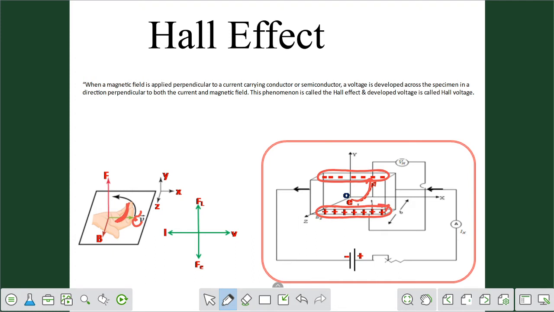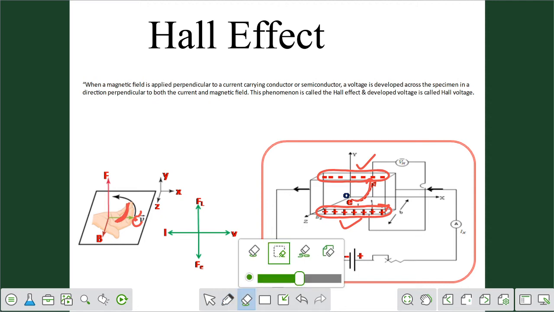Okay, so there is a gathering of the electrons as well as the holes at the upper surface and the lower surface of this specimen. So it will act as a capacitor, you can say. Got my point?